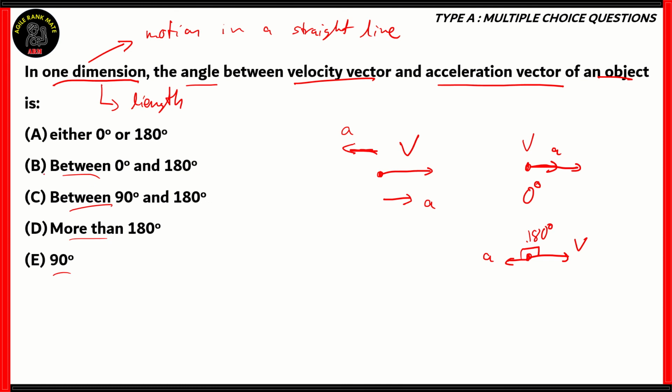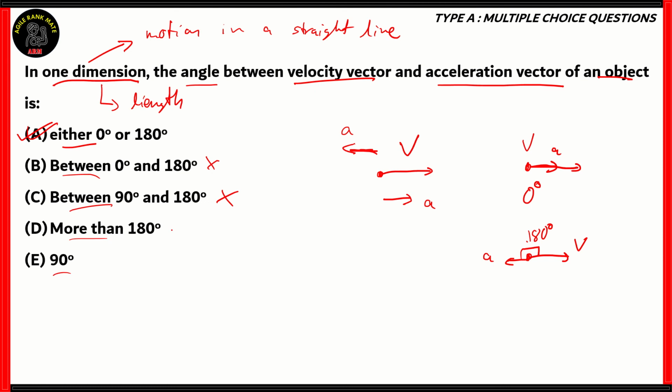So therefore, the correct option among the following is option A, either 0 or 180 degrees. B says between 0 and 180, that means it has to be motion in a plane, which is incorrect. Again, C says between 90 and 180, but then that can only happen in motion in a plane. It doesn't happen in a straight line.